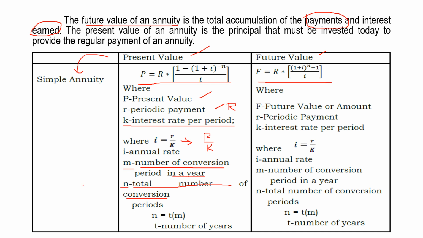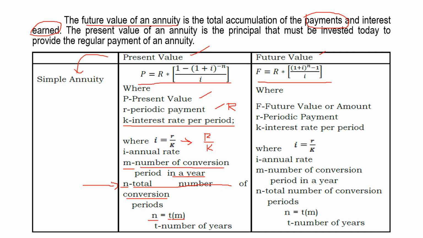Meaning to say the number of conversion periods is 20 for that particular scenario. Now, here your n is equal to t multiplied by m. So we just simply multiply your m, if that is compounded quarterly, there are 4 in a year, so your m is 4.